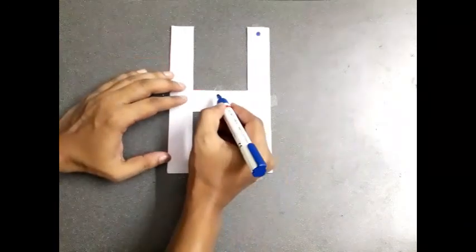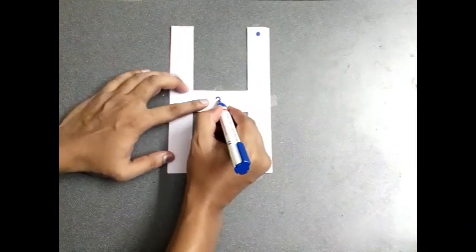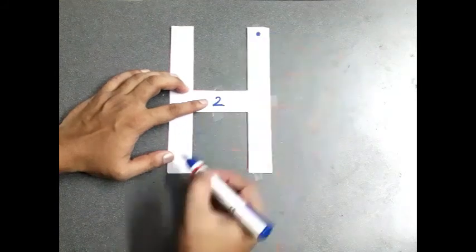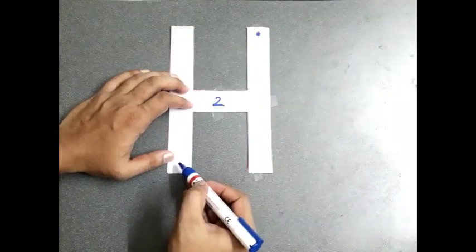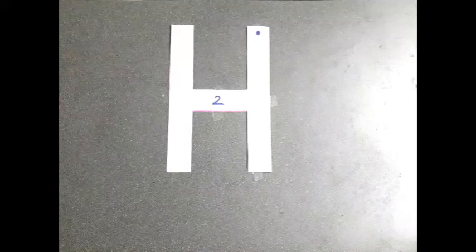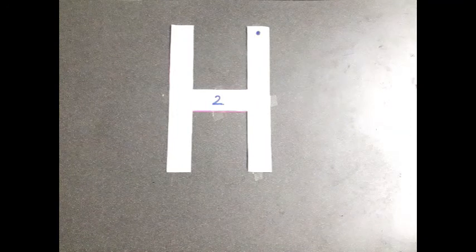So through this we can say that the order of symmetry for the letter H is 2. Hope you are clear. I took this starting point. Once when I came here, it matched with the original figure, and when I go back to the starting point, it was again matched. So the order of rotational symmetry for the letter H is 2.